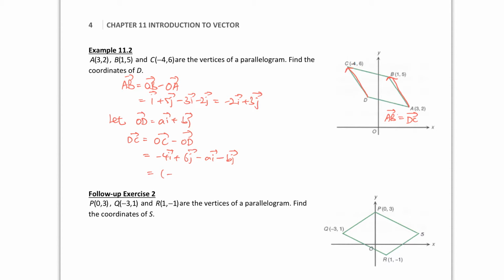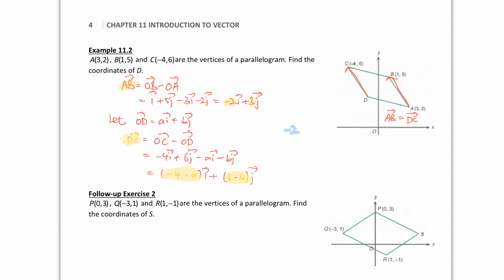I want to group all the like terms together: negative 4 minus a i plus 6 minus b j. Because these two vectors are equal, one of the characteristics is that the i coordinate and j coordinate must be equal in these two parts. So I can find the values of a and b.